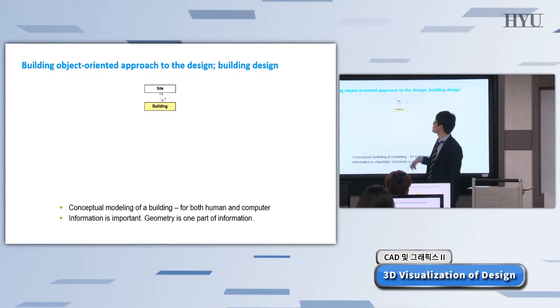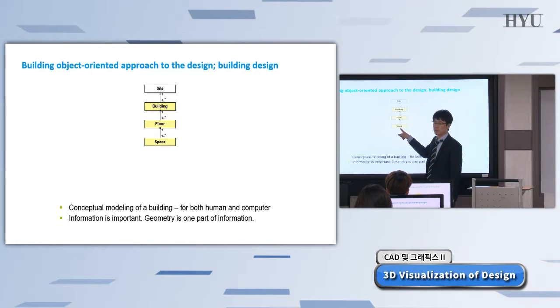That's true. How about this? Building has floors, but one building has one or many floors, okay? There is a one-story building or a 100-story high-rise. So this is the relationship.